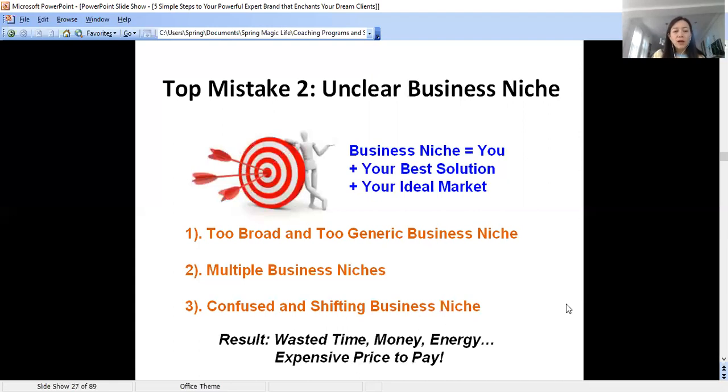And some people have confused and shifting business niches, and they're just doing trials, all the trials they want to test. For example, for a few months they do this kind of niche, and after a few months they think, oh, this is not bringing me tangible results, so maybe I should shift to another one that is so popular now in the market.